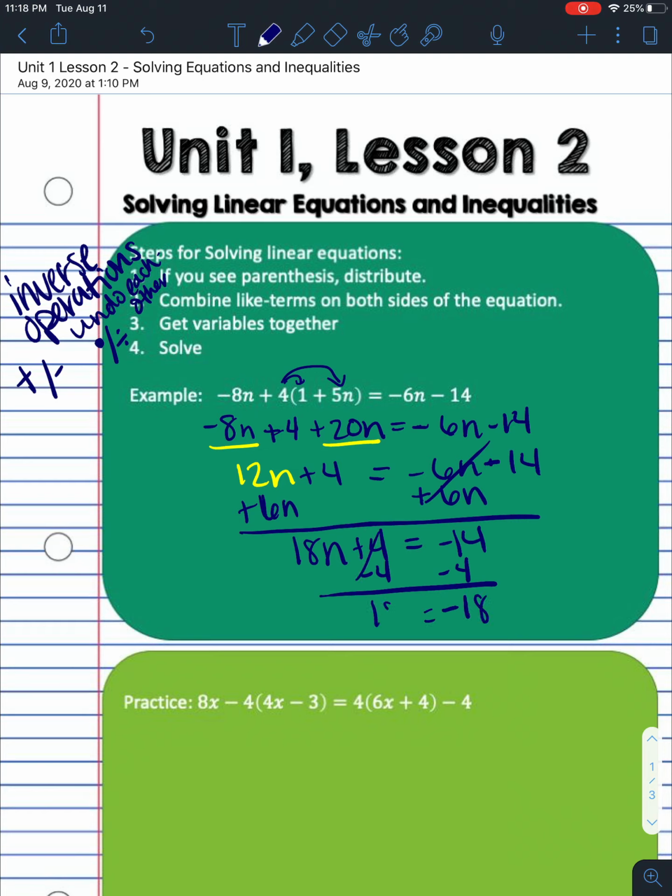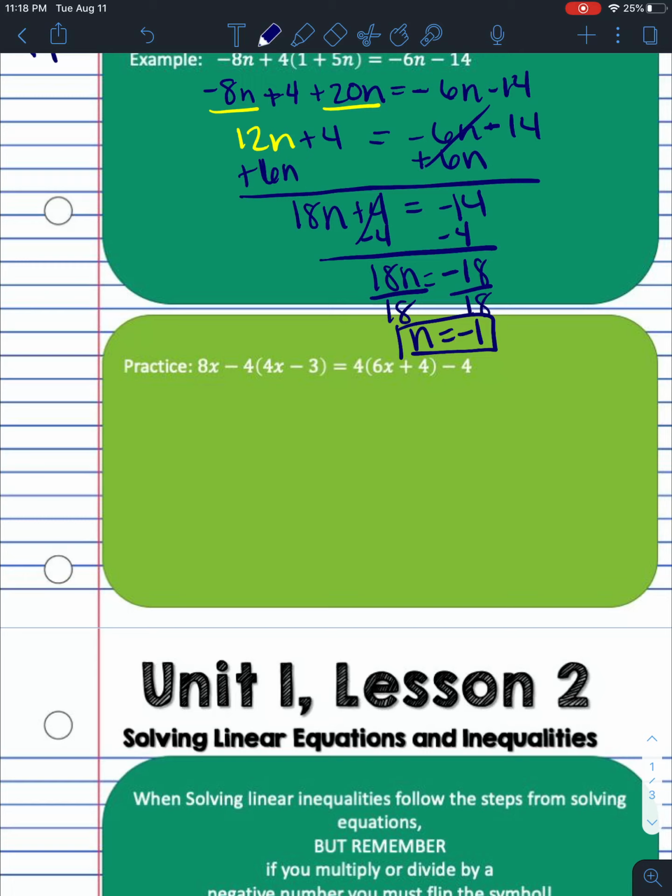And here these cancel out, and I'm left with 18n. Now when I have a number next to a variable, that shows multiplication. And how do I undo multiplication? We divide. So I should divide both sides by 18, and n equals negative 18 divided by 18, which is negative 1. And that's our answer.